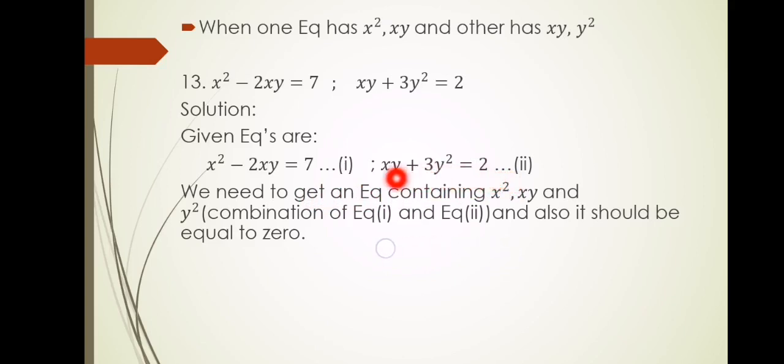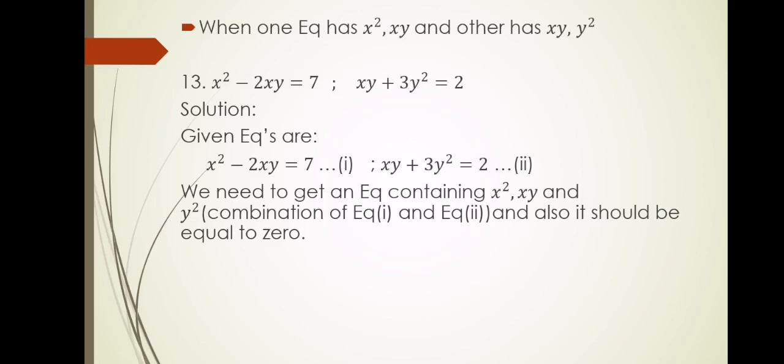Now the condition given to us in both the equations is opposite to the last sum which we just did. In that particular condition, we were given an equation in which we had all the three terms, that is x square, xy and y square. And one more thing which is noticeable in that equation was that the right hand side was equal to 0.